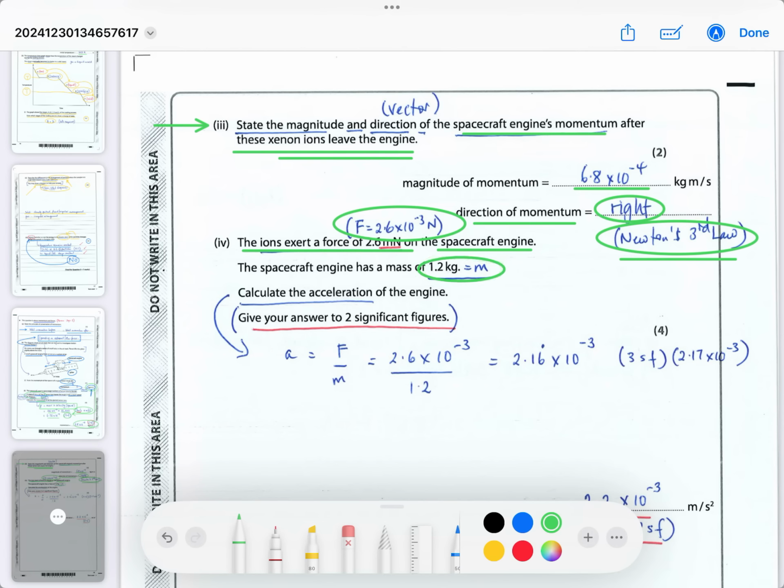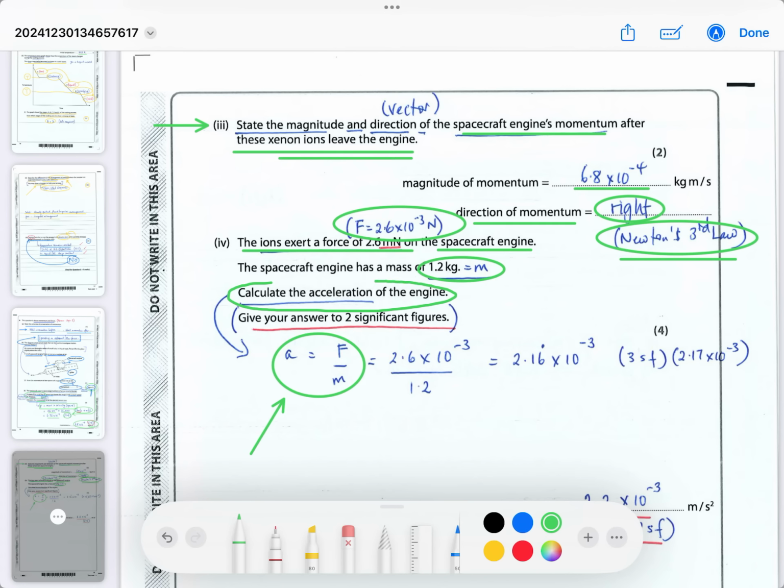We know force and we know the mass. Well, then we know Newton's second law. If you're just looking at one object, you can use Newton's second law, and the acceleration will be the force divided by the mass. Calculate the acceleration, it says.